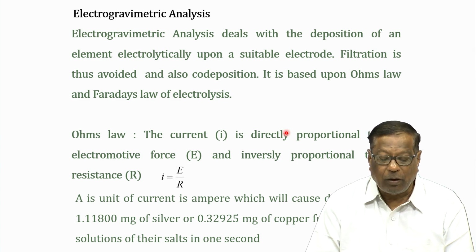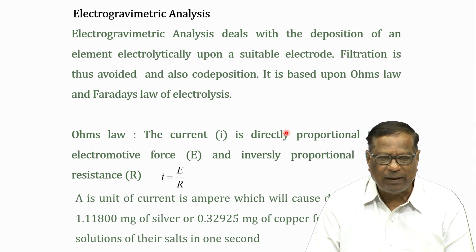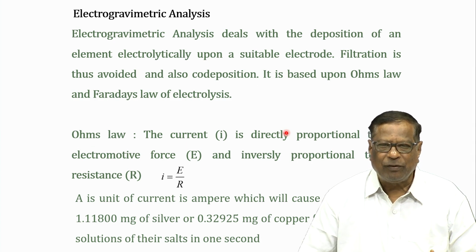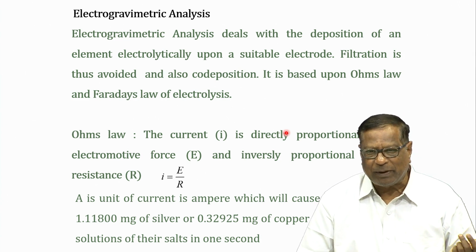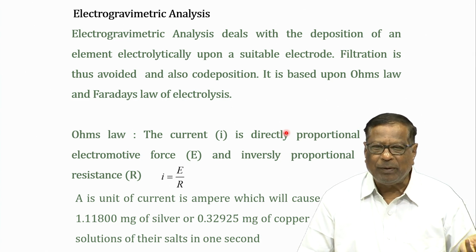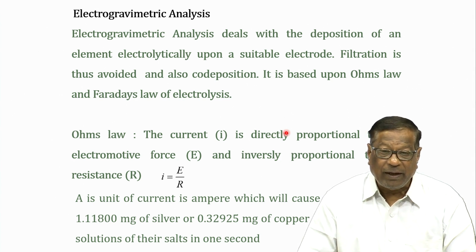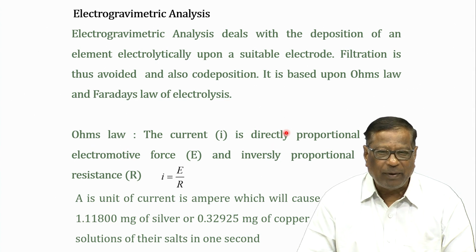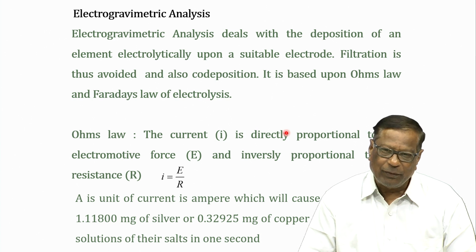In normal gravimetry, there is always a certain amount of mechanical drudgery involved, because you have to precipitate, make sure that everything is settled, first remove the clear solution and then filter it and collect it on the filter paper, burn the filter paper, make it almost ashless, and take the difference between the weights. It does not happen easily, but it has got its own utility also.